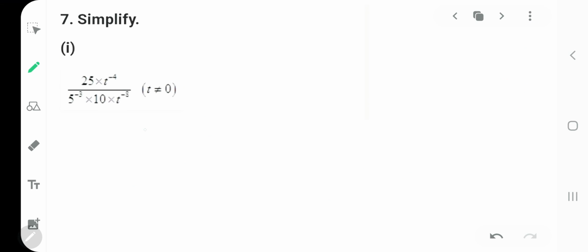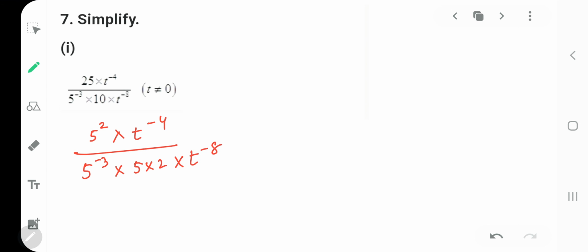Your next is 25t. My dear kids, for 25, can I write it 5 square? And t minus 4, I'll write it as it is. 5 minus 3 into 10. Can I write 5 into 2 and t minus 8 as it is? Now my dear kids, you have to see the exponents. 5 raised to 2, I'll keep it as it is. T minus 4 as it is.